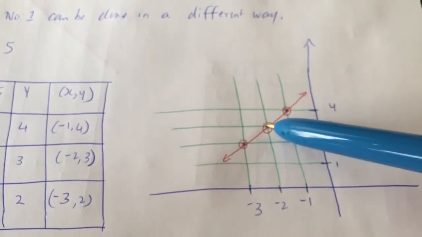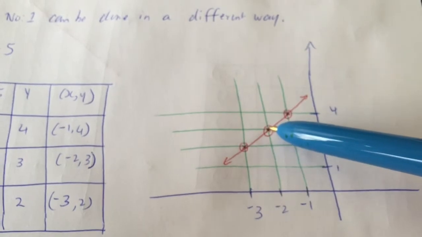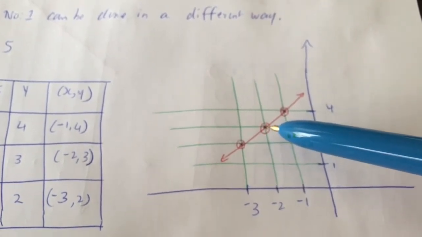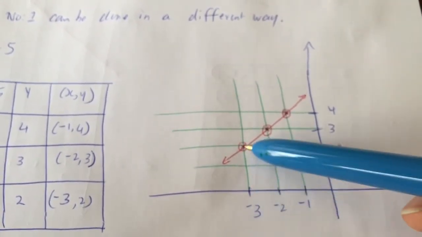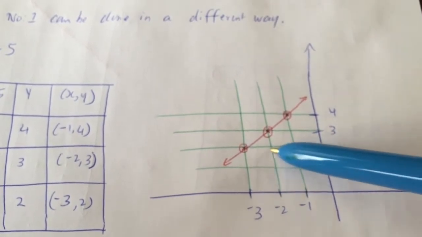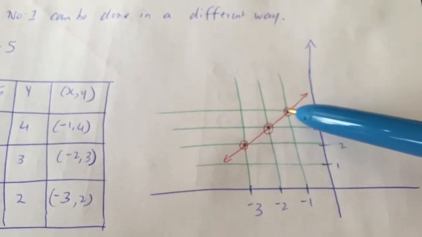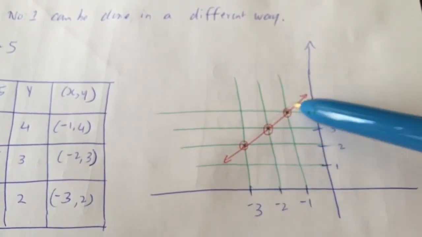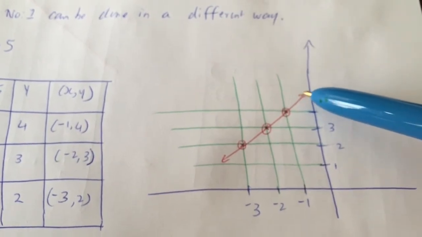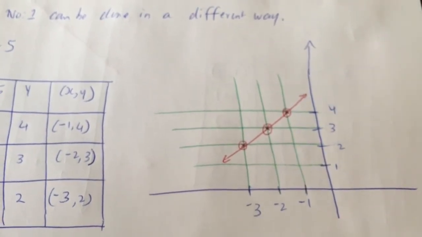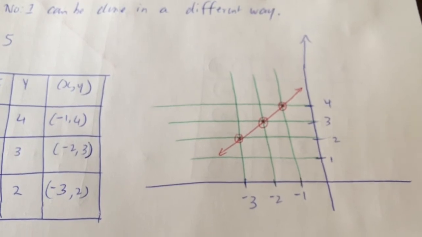Here's where it meets. The third point is -3, 2. So you have 3 points. You just join the 3 points, and this is the graph of the given equation.